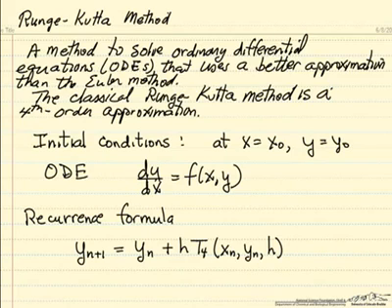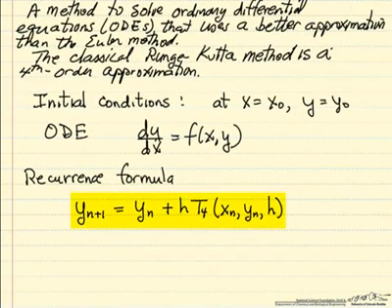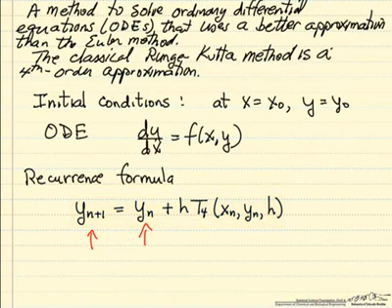What we're going to do in the Runge-Kutta method is use a recurrence formula. Say if I know a value of y, then I can make a small step, and the step is x_(n+1) equals x_n plus h. So we'll make a small step in h, and calculate the new value of y that corresponds to x_(n+1).